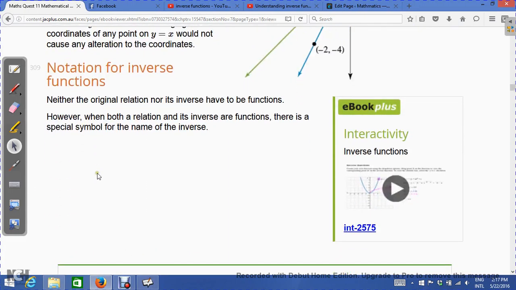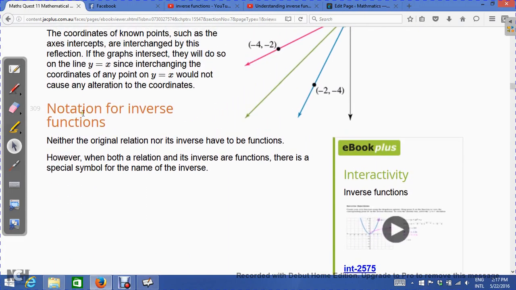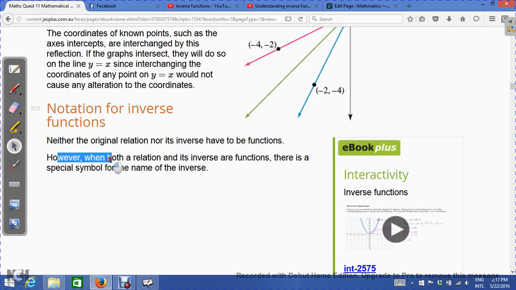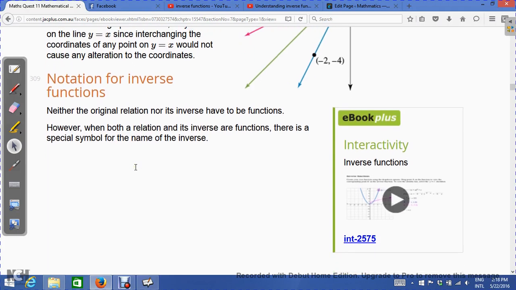Just one last thing, I think. So, notation for the inverse functions. Neither the original relation nor its inverse have to be functions. So just a bit of an important point there. However, when both a relation and its inverse are functions, there is a special symbol for the name of its inverse.